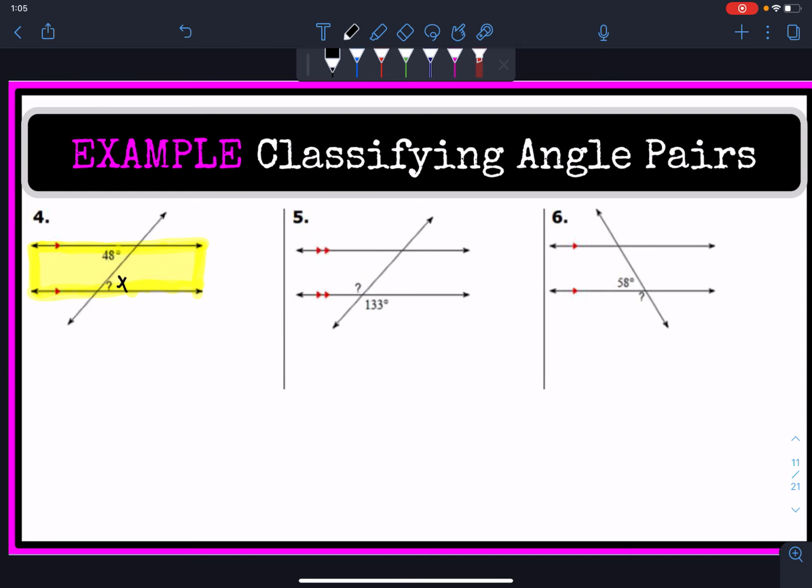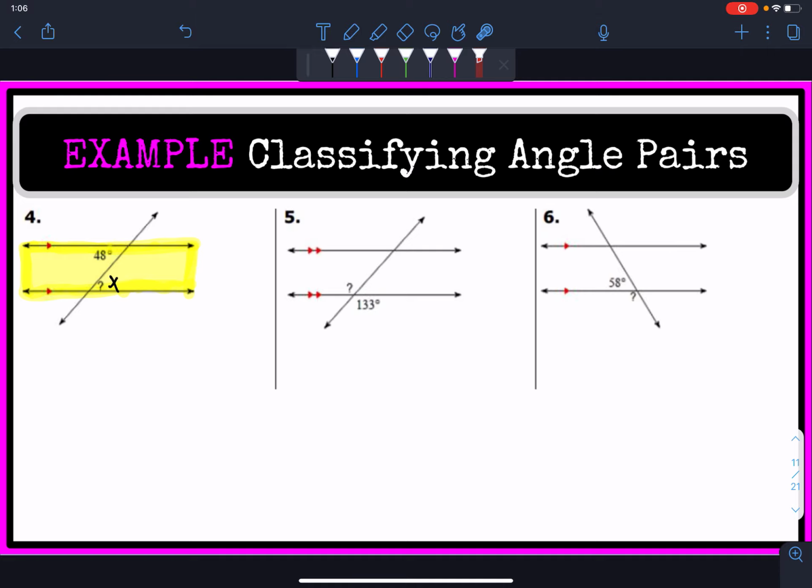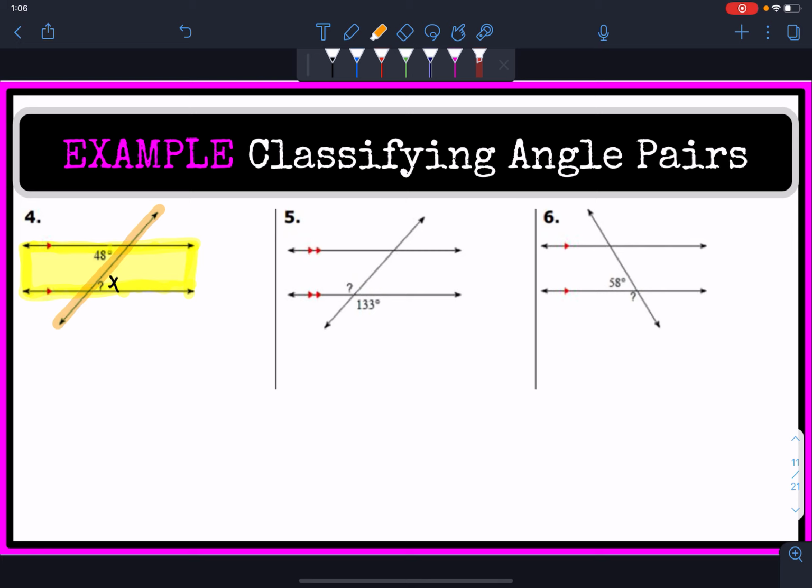Now unlike number 3, where they were on the same side, which would make them consecutive interior angles, in this one they are on opposite sides of the transversal. The 48 is on the left side of this orange line and the X is on the right side of that orange line. They're alternate interior angles, and they're congruent.